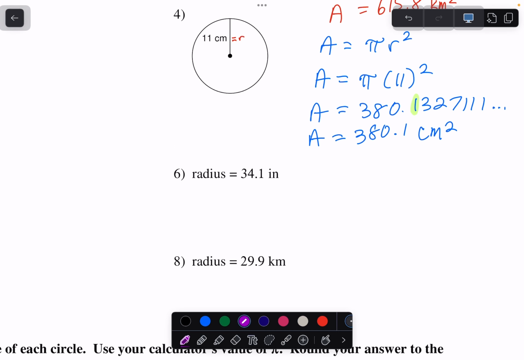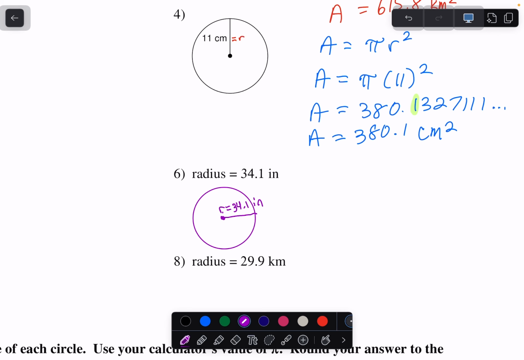This time they have just given us verbal information. But technically, if we were to draw a circle, and I'm so glad they make circles for me, they have told us that this is that 34.1 inches. So they've given us exactly what number 4 gave us, but they just did it more in a verbal kind of instruction.